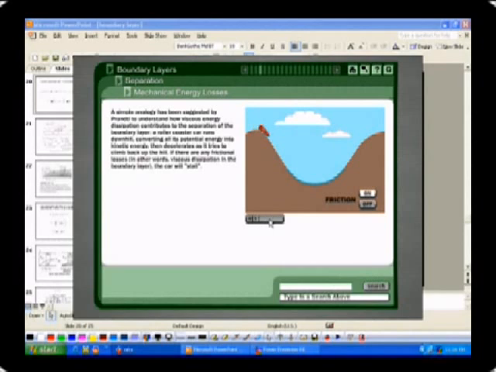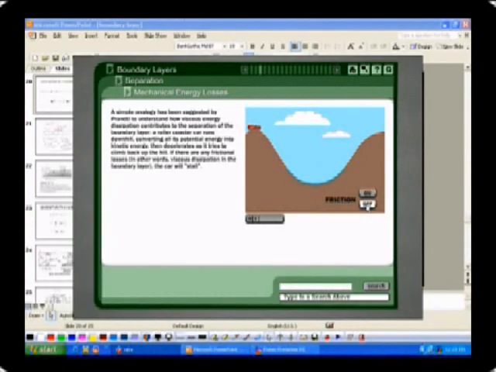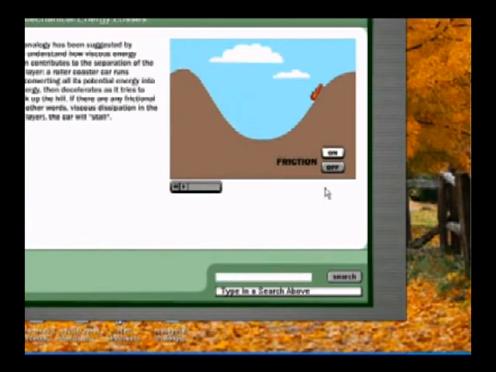this car will come back to its symmetric position, and it will reach the top of the hill. If there is friction, this car will not reach the right hand side, it will reach up to this height only.